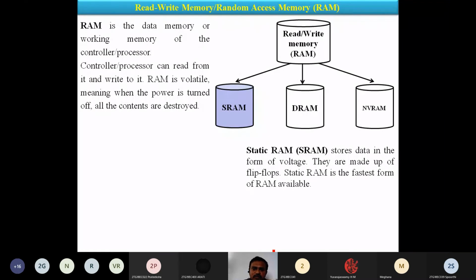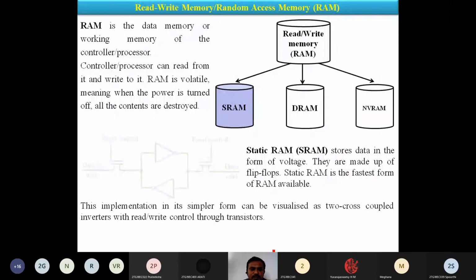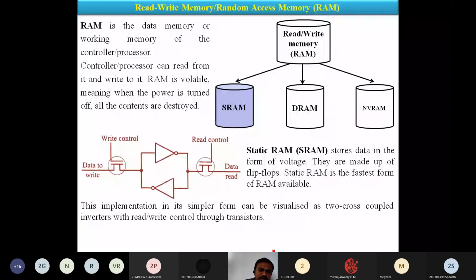The data is stored in the form of voltages, and it is designed using flip-flops. You can observe this diagram, showing how the read and write processes are done with SRAM. This implementation of SRAM is in a simpler form, and it can be visualized. It has two cross-coupled inverters.